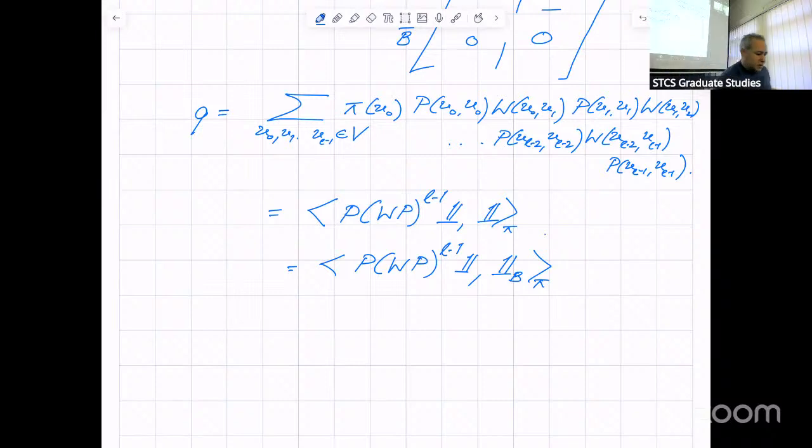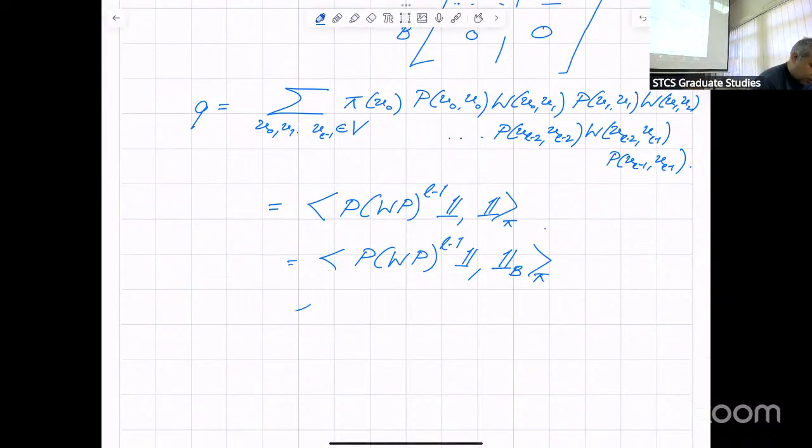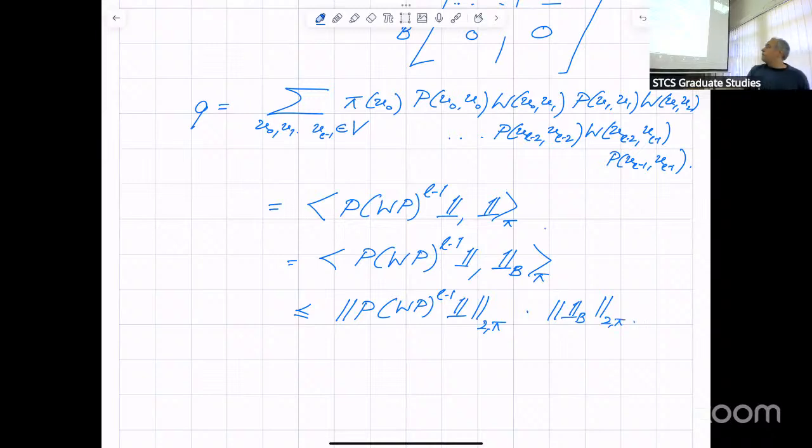So that's it. As we start, we're now just going to bound this by the norm of this vector in the L2 pi world times the norm of this vector in the L2 pi world. That's just Cauchy-Schwarz.